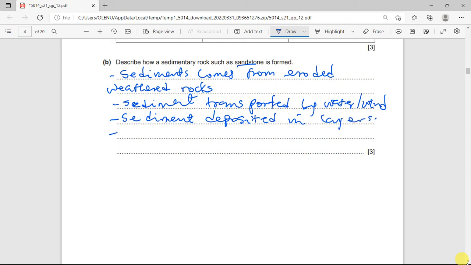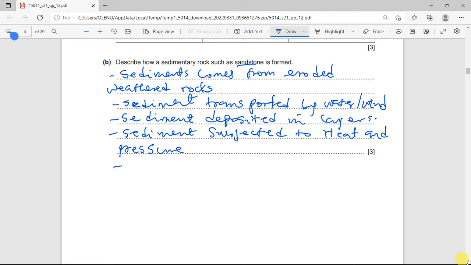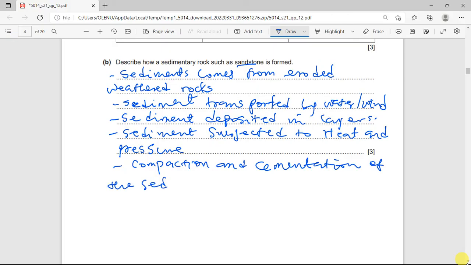Once the sediment is subjected to heat and pressure, what will happen in the last stage is compaction and cementation of the sediment to form sedimentary rock.